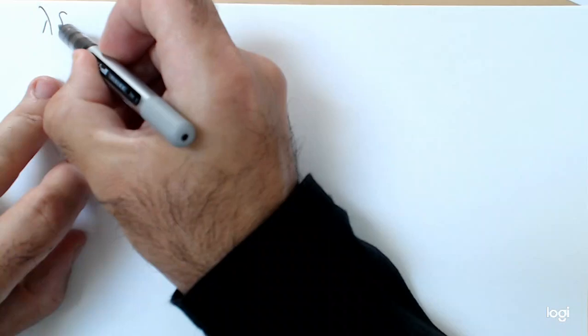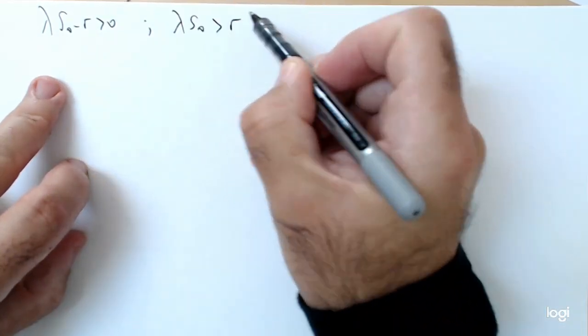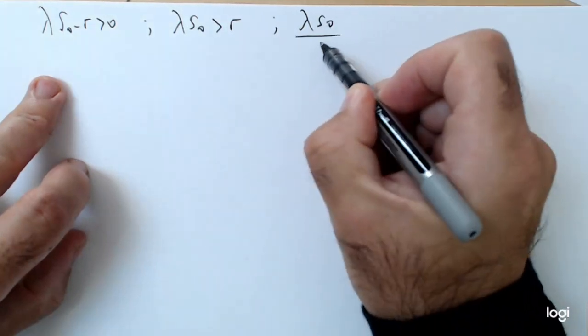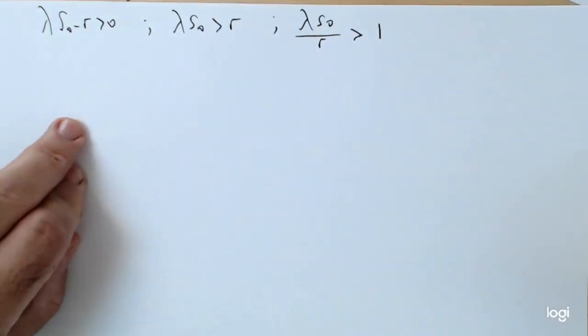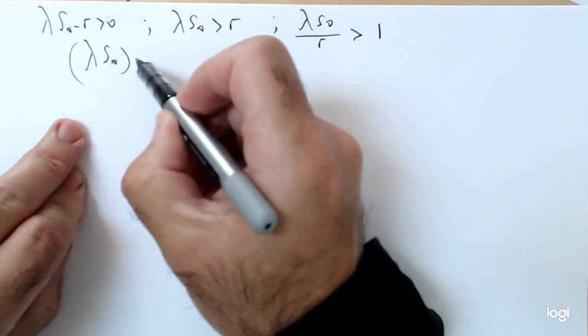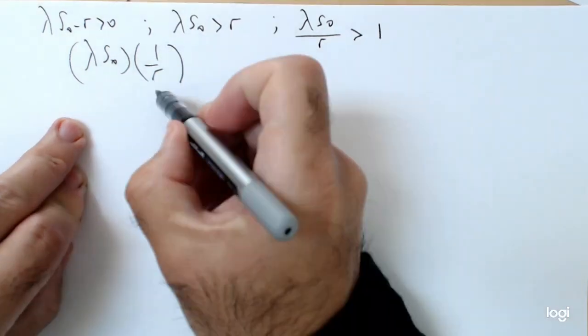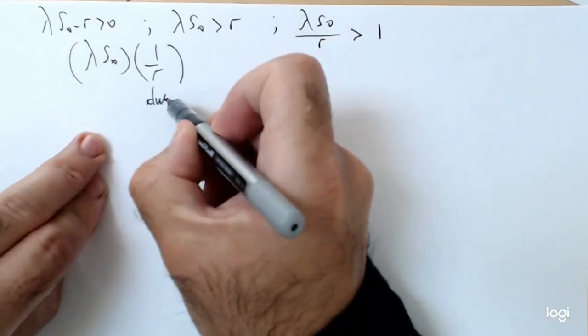That quantity, lambda S naught minus R greater than 0, can be rewritten as lambda S naught over R greater than 1. So we can give an interpretation if we look individually at these two factors. So this 1 over R is the duration of the disease.